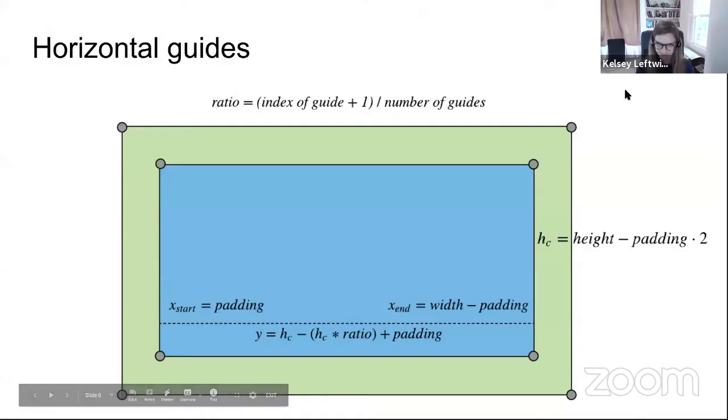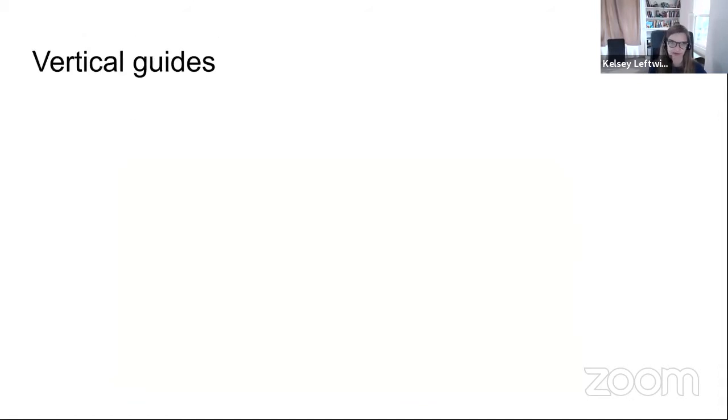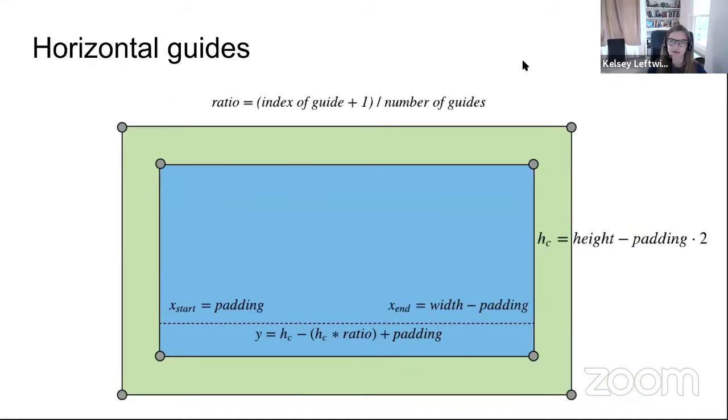Okay. So then, like I said, ratios are going to come up a lot. And so when we're doing our Cartesian grid, I'm going to show you horizontal and vertical quickly. We have to start again with a ratio. So we think about how many guides do we want? And by the guides I'm thinking of are these guides that go across. You say, how many guides do I want?